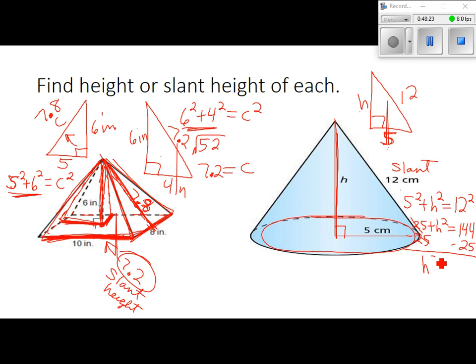Those cancel out, and you're left with h squared equals, grab your calculator, 144 minus 25 equals 119. And then we'll just take the square root of both sides. So on your calculator, you do the square root of 119, and you get about 10.9. So this height in here for this cone is about 10.9.